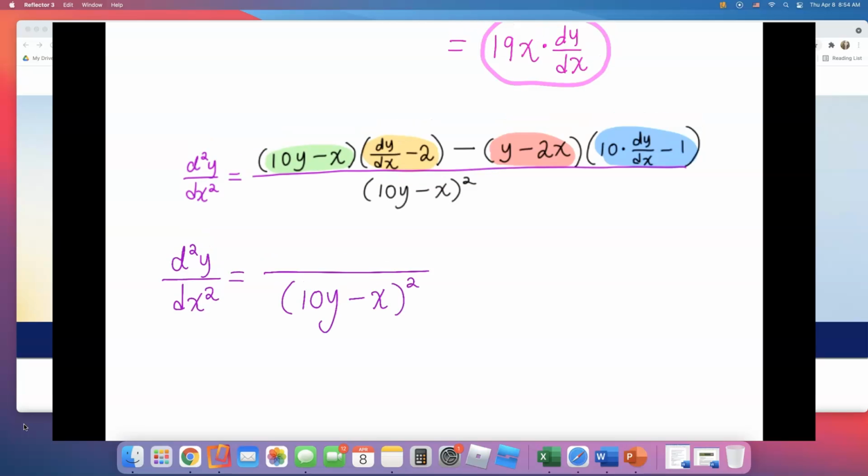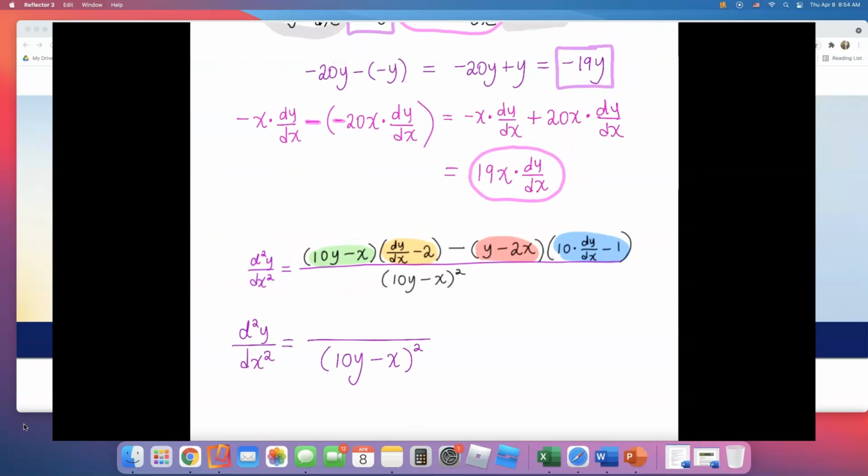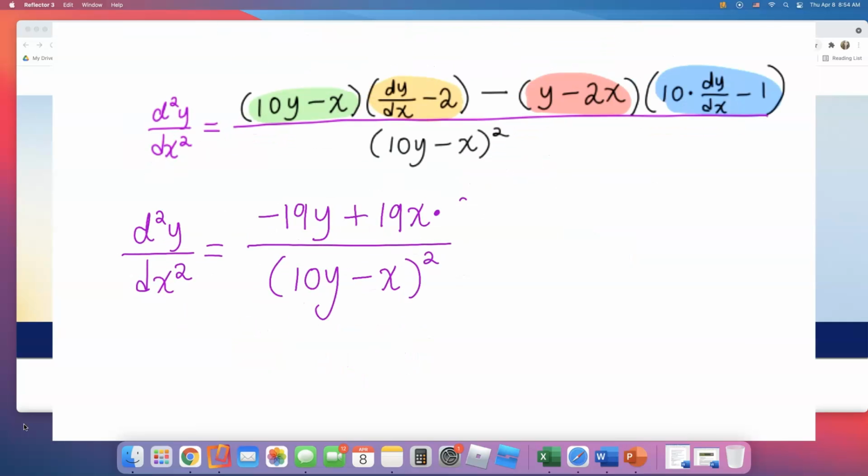Nothing changed for the denominator, but we did all that multiplication. And when we did that, we got negative 19y plus 19x times dy dx.